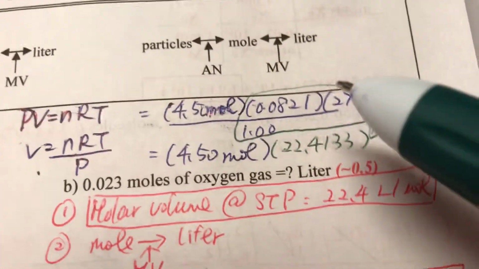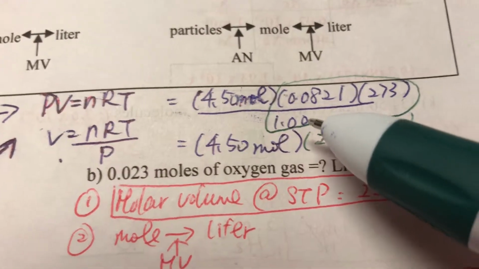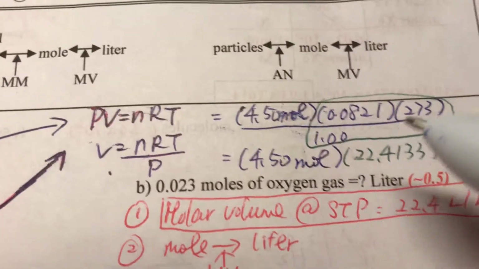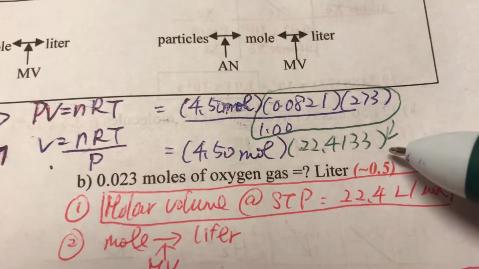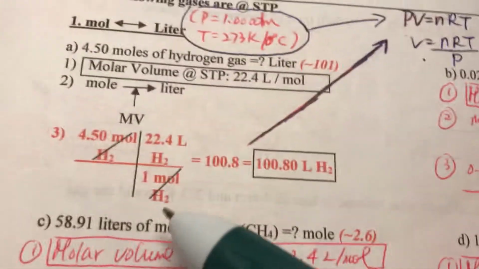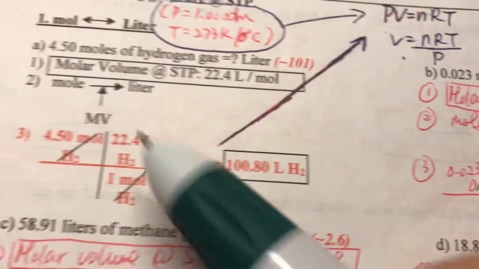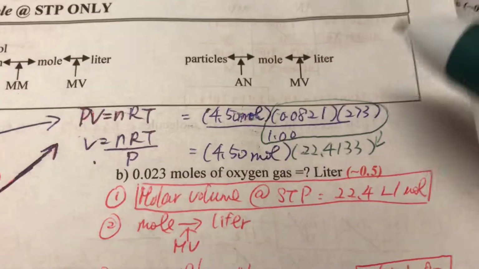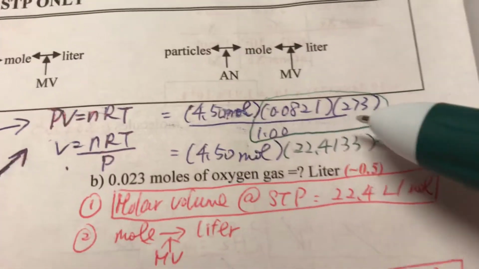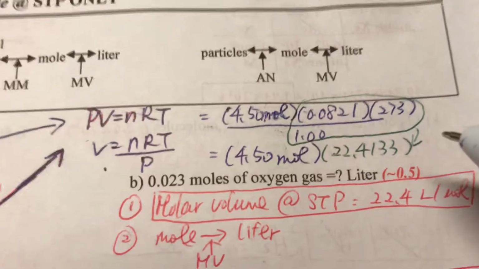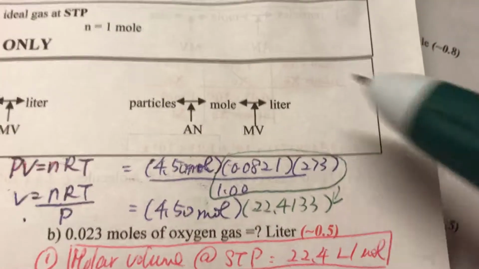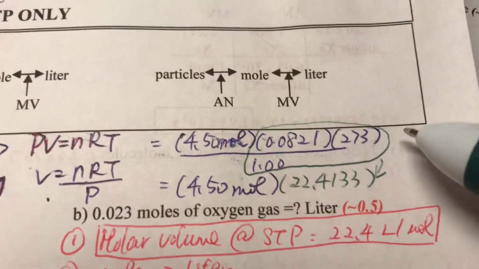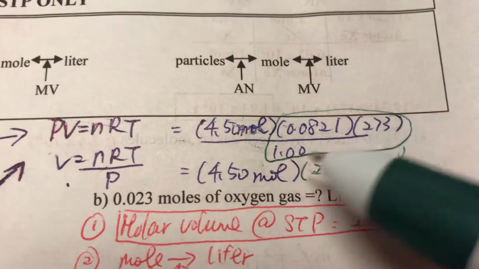When I recognize that it is STP, I don't have to do so many substitutions. I can just use 22.4 instead of the R constant, the 273 temperature, and the 1 atm.